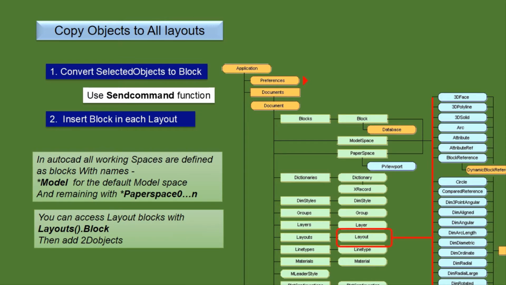A layout is considered a block in AutoCAD, which includes model space or paper space. So when you want to insert a block, you first call the document, then the layouts collection, then the specific layout, which you can access by its name or by its index number, and in that layout you will insert the block.